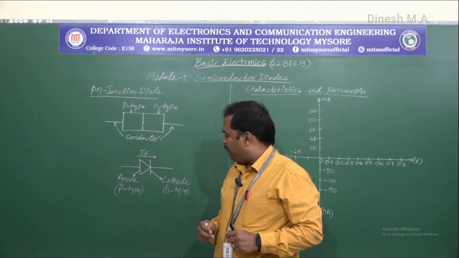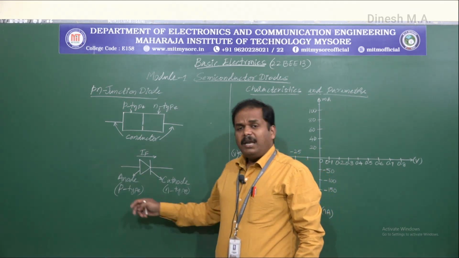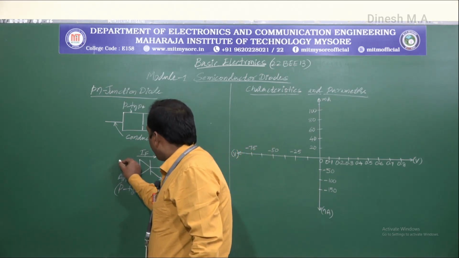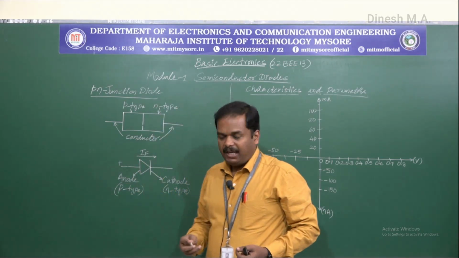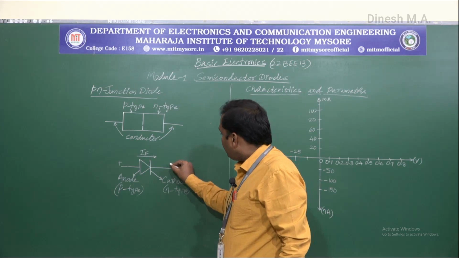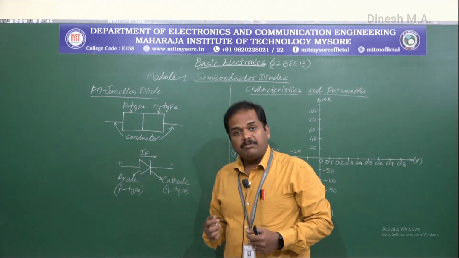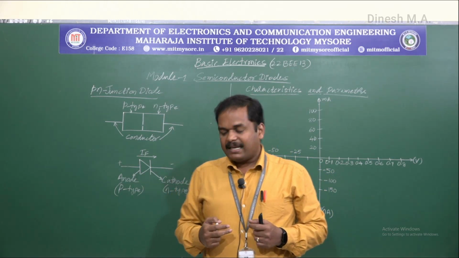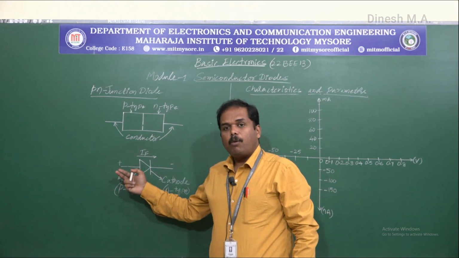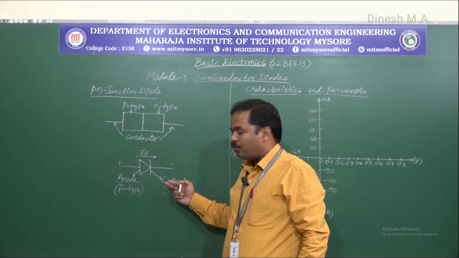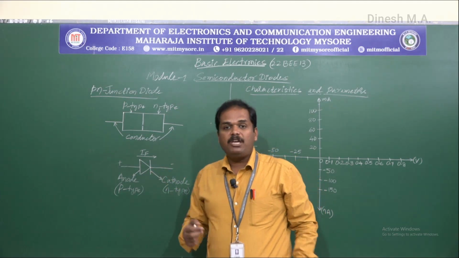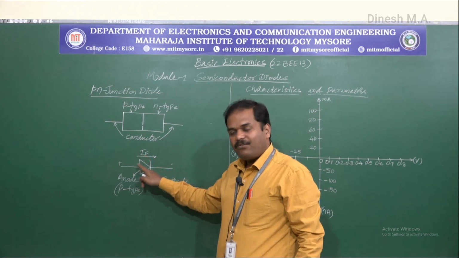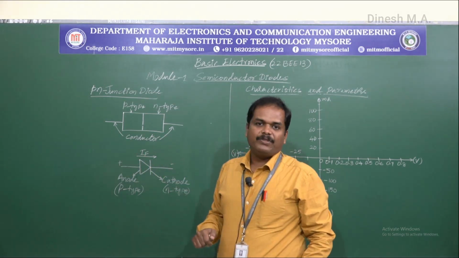Now, when the anode terminal of the diode is connected to the positive terminal of the battery and the cathode terminal is connected to the negative terminal of the battery, or in other words, when the anode becomes more positive than the cathode, the diode is said to be forward biased, allowing forward current IF to flow through the diode.